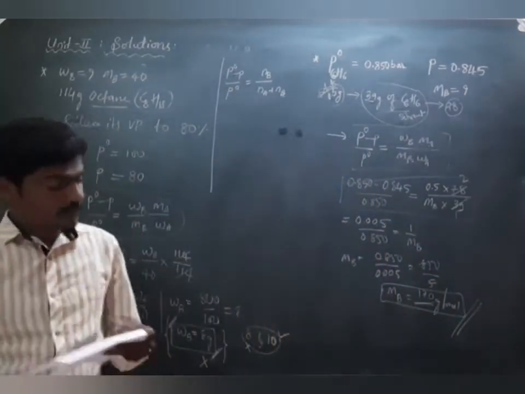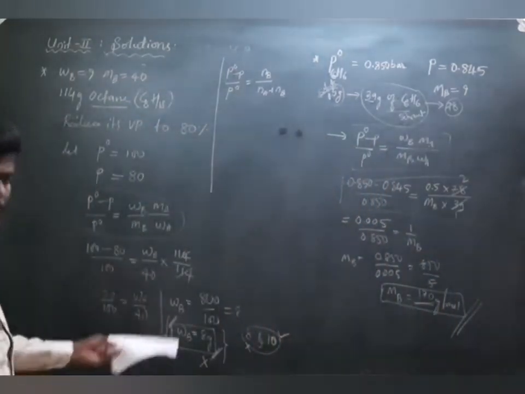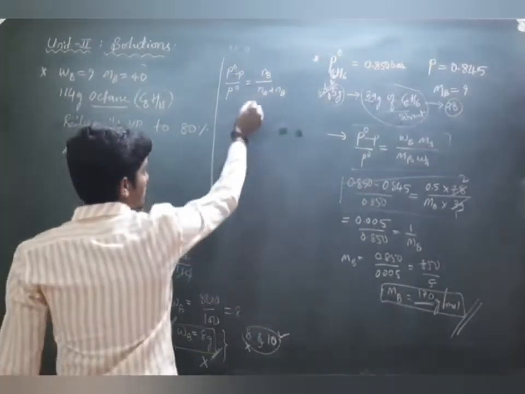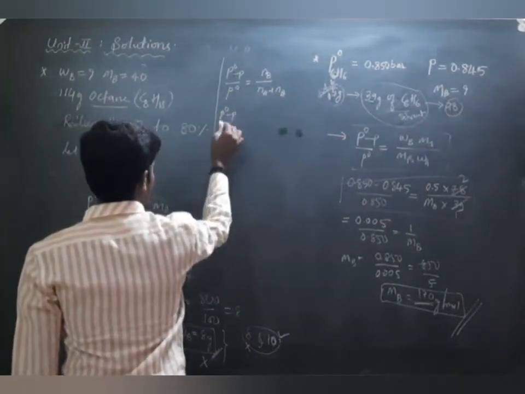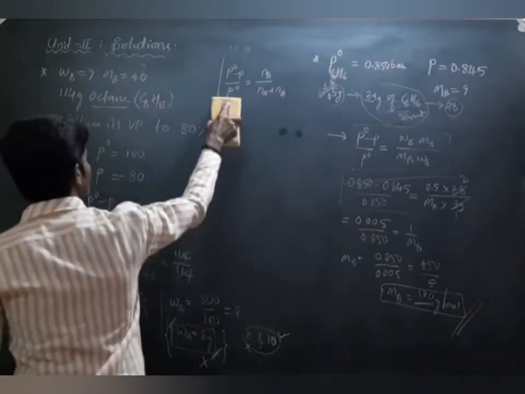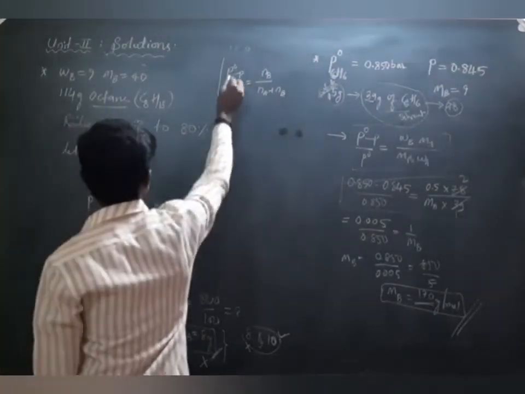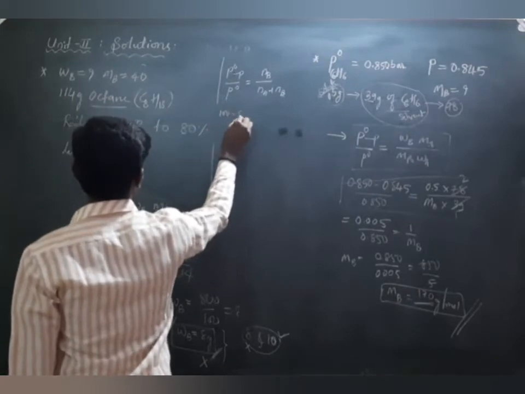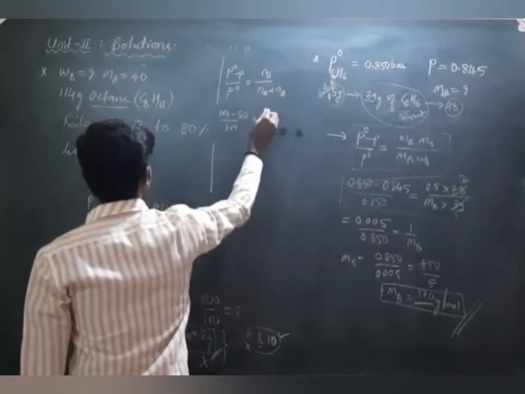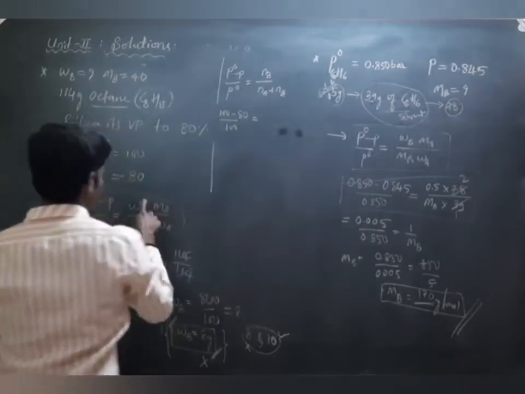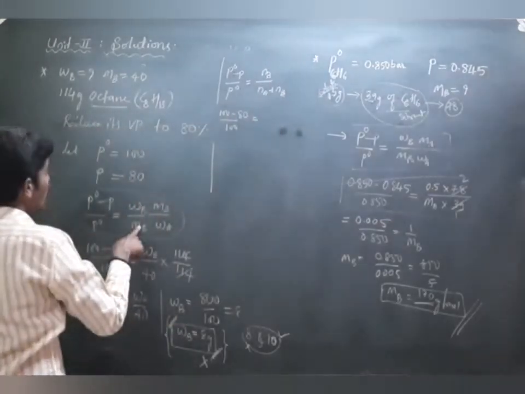Next, same: substitute and simplify. I will give the hint. P naught minus P divided by P naught. If you substitute these values, P naught is 100 minus 80, divided by 100, is equal to NB, which is nothing but WB divided by MB.